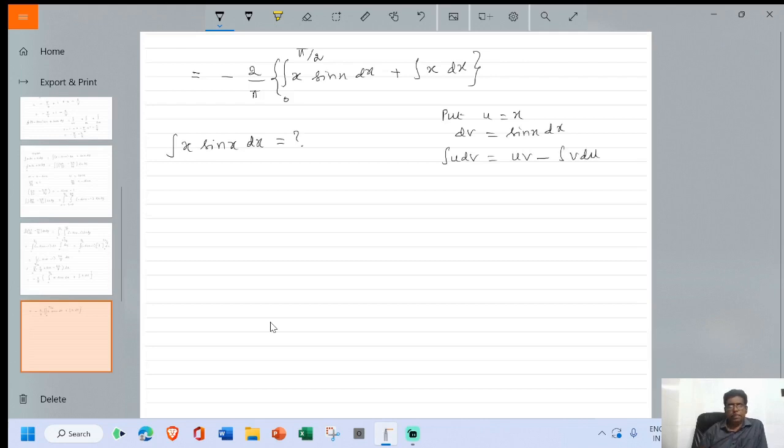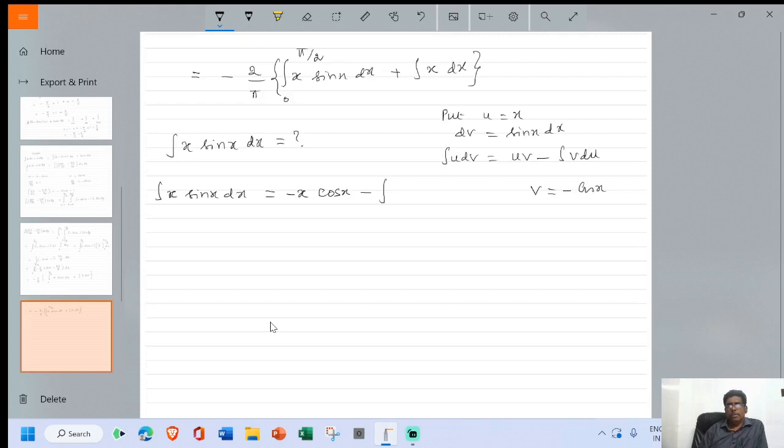Therefore, the integral of x sin x dx is equal to uv, x into, if you integrate sin x, you get minus cos x. Say the value of v is minus cos x.